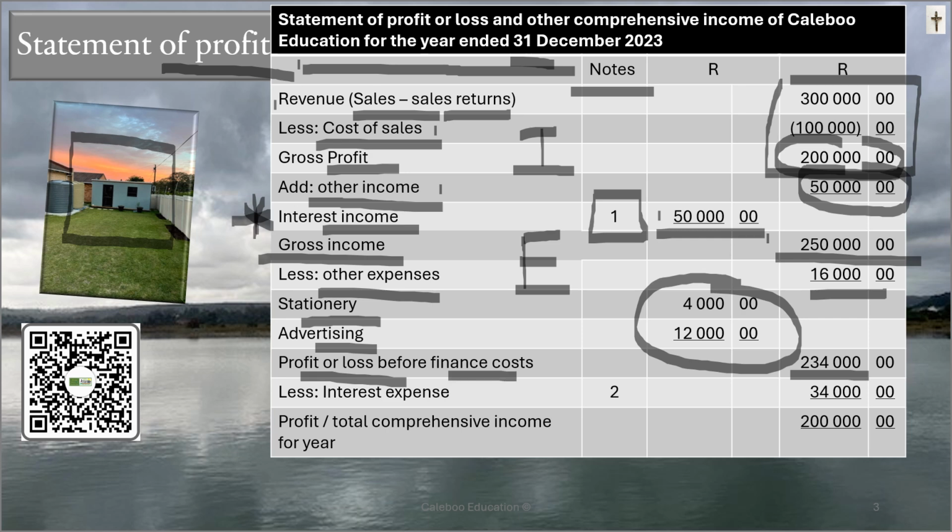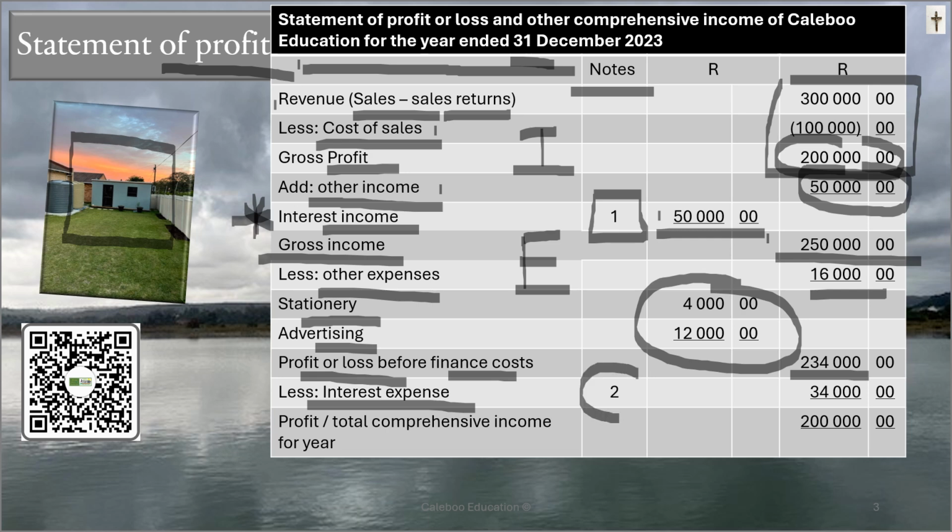Now, what are finance costs? An example of this would be, for example, if I took out a loan to start Calibu Education, the bank with whom I took the loan out would charge me interest.